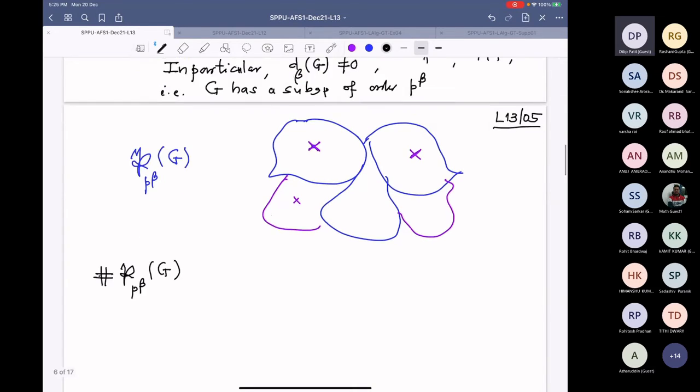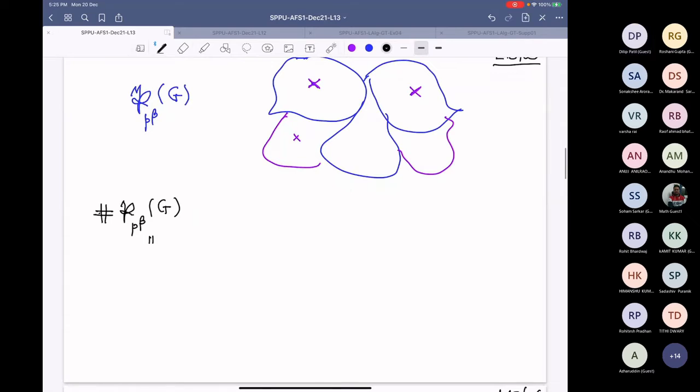What is the cardinality of this? Can somebody tell me? This is set theory. I want one of you to answer this question. Roshni, can you tell me what is the cardinality?